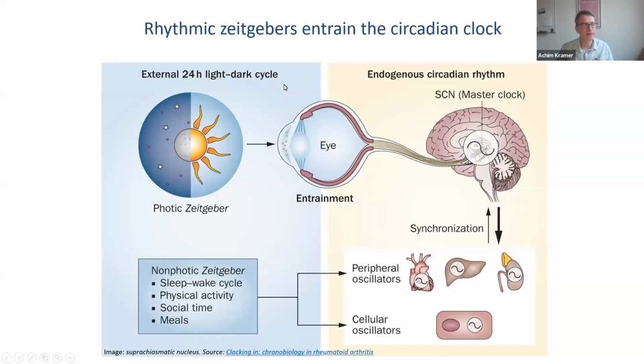prominently in the light-dark cycle, but also in temperature, food availability, risk of predators, and so on. And this external oscillator entrains an internal timing system, which we all have evolved, not only mammals, but also bacteria, plants, and insects.